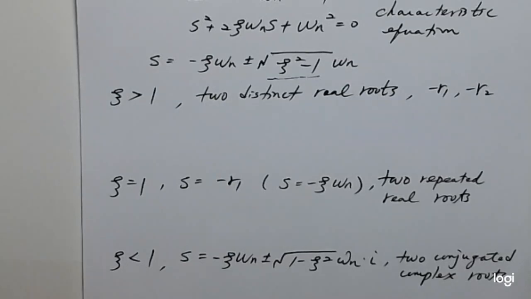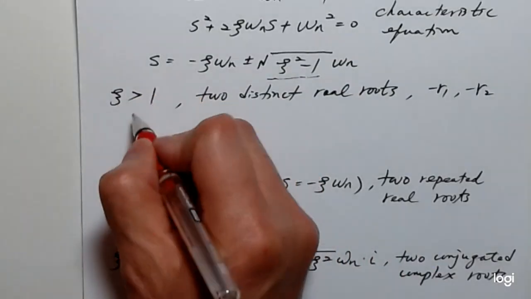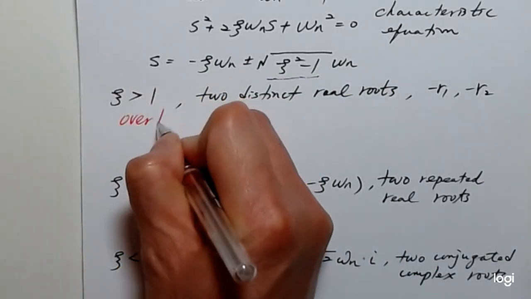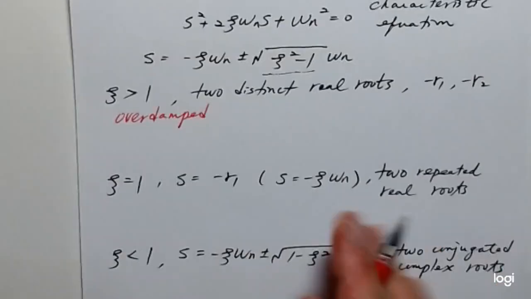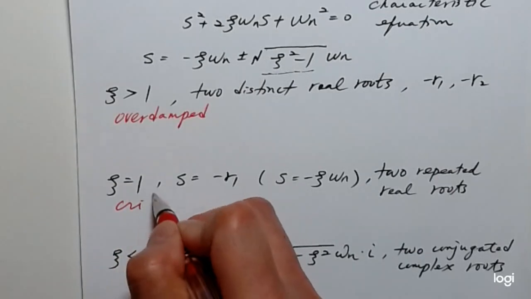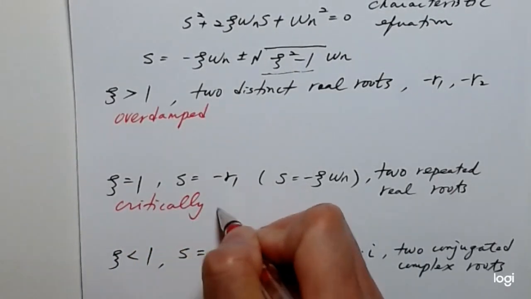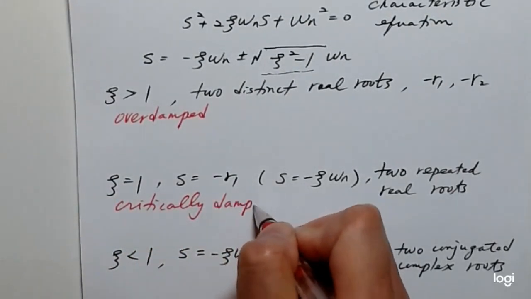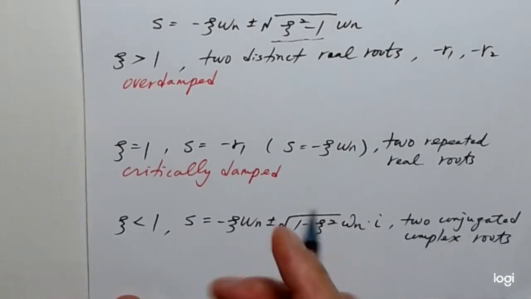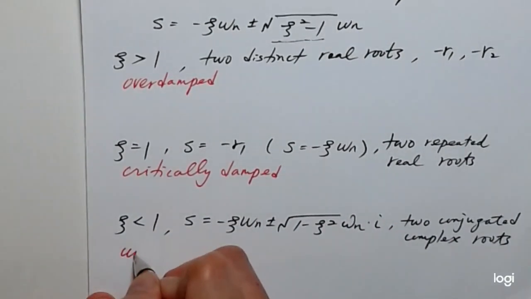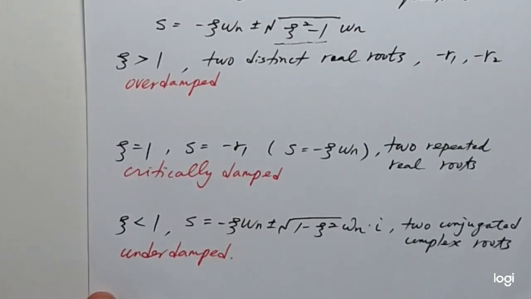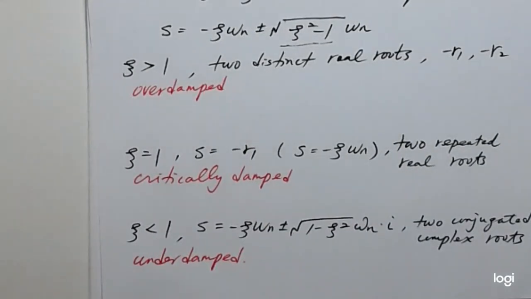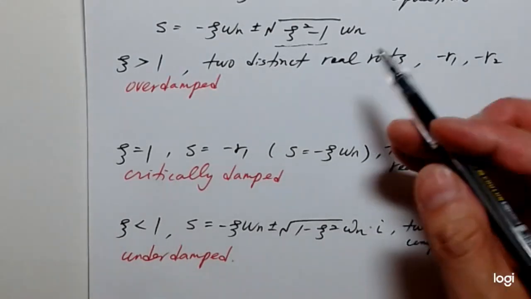So based on the characteristic equation, we can have these three scenarios. The first one we call overdamped. This is critically damped. And this one should be underdamped.